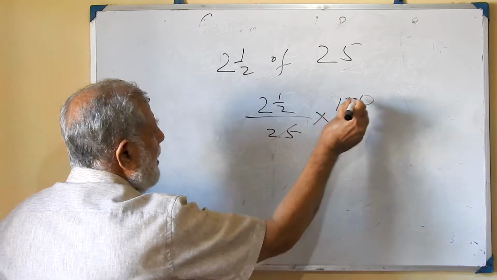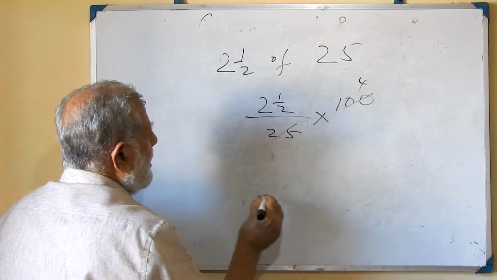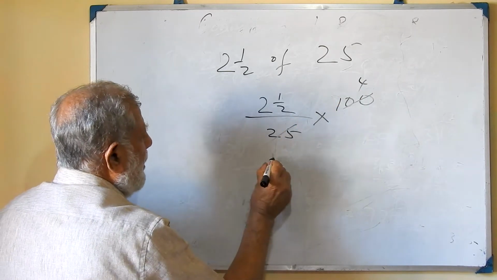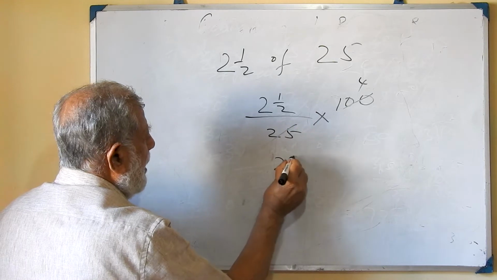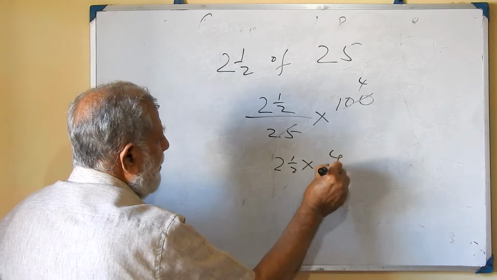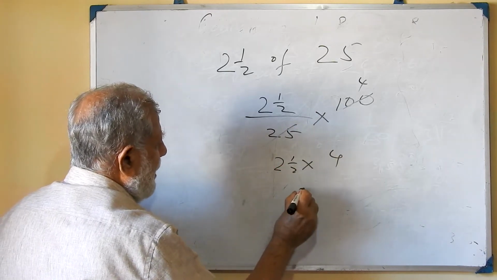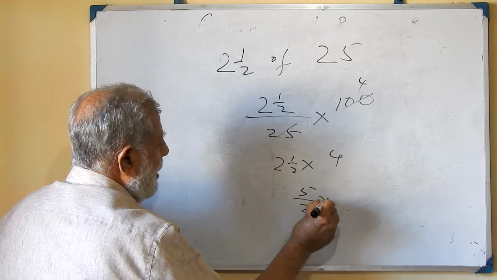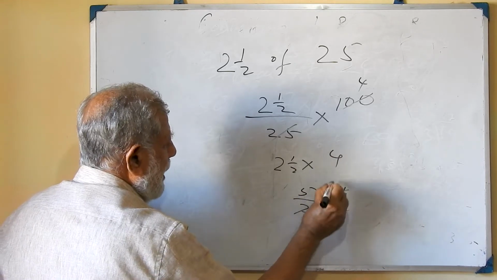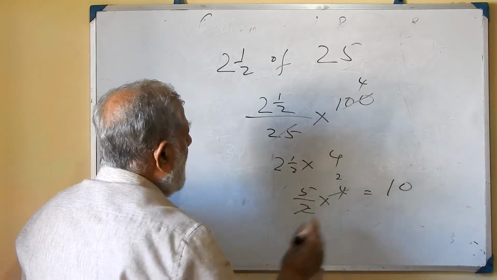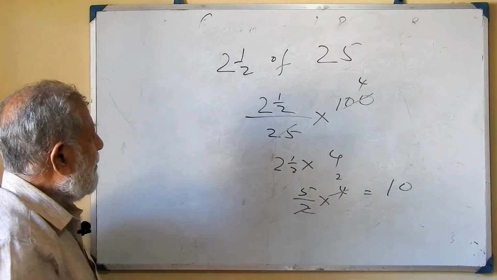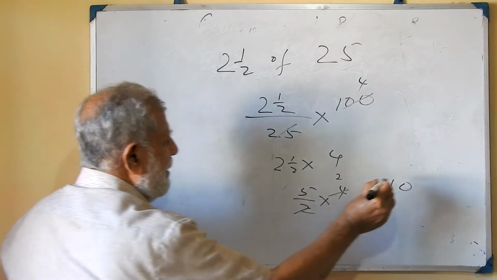So here 25 and 100 can cancel. So now we are left with 2.5 and 4. That is 2.5 into 4. Improper fraction, 5 upon 2 into 4. So 2 and 4 cancel, that's equal to 10. So 2.5 upon 25 is equal to 10%.